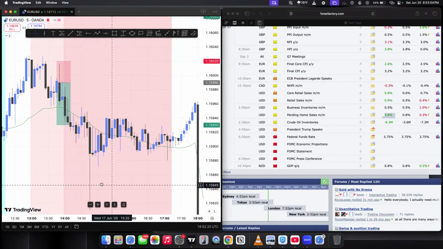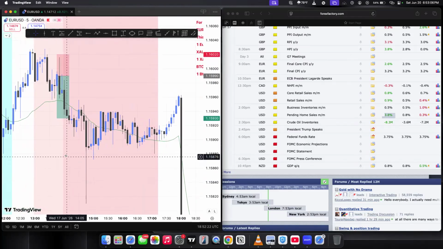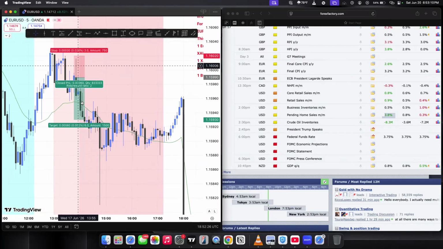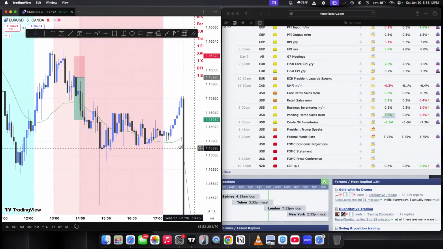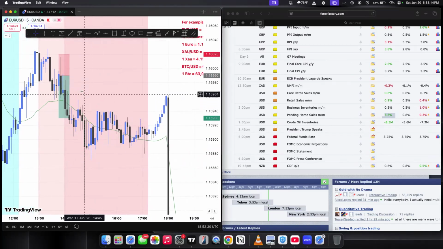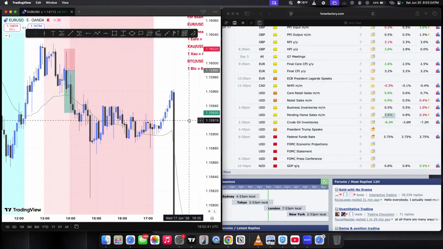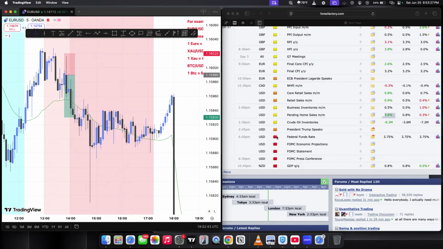Okay, let's look at 6 p.m. See that this sell bias was still active. If this trade was to be held till 6 p.m., this was the volume I would have gotten, because the news ended up also being in confluence with the bias.